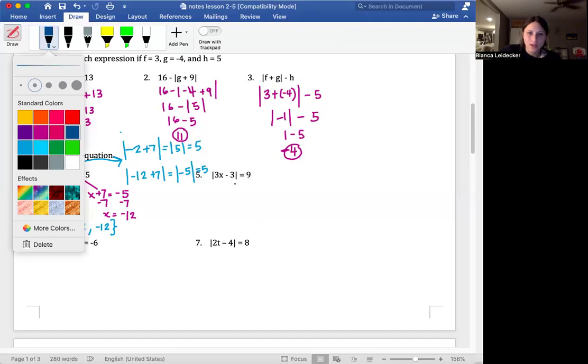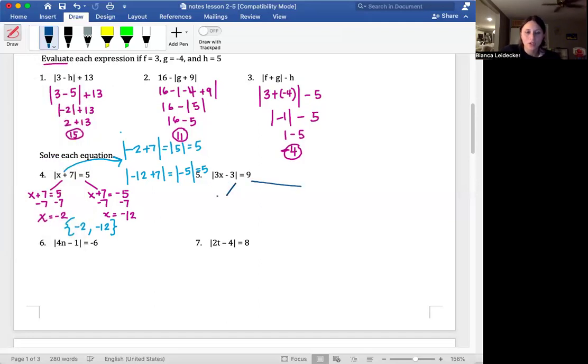3x minus 3 equals 9. So again, we've got to write out the two cases, the two potential solutions where I have a +9 as my answer, and I have a -9 as my answer. So I have to do two equations in order to solve for two potential numbers that x could be.